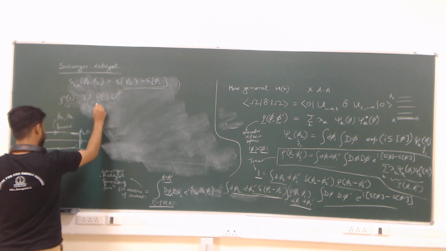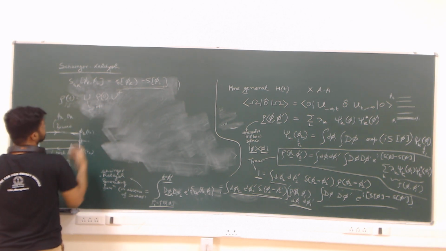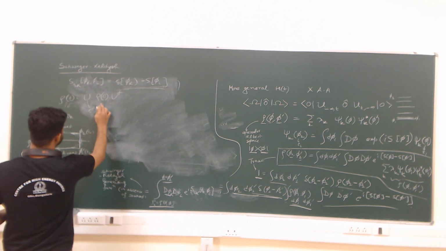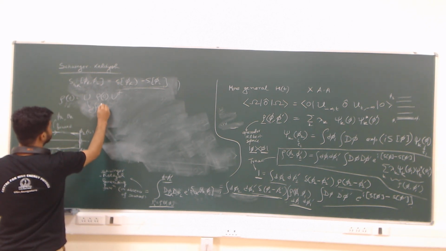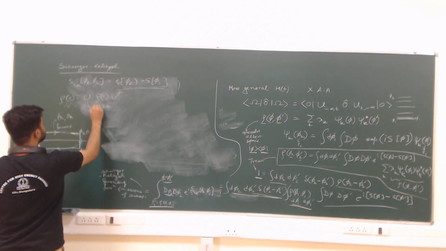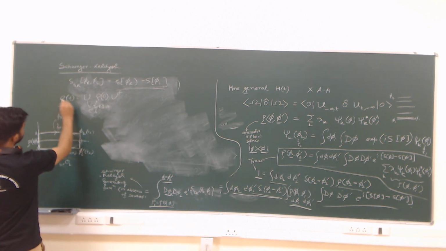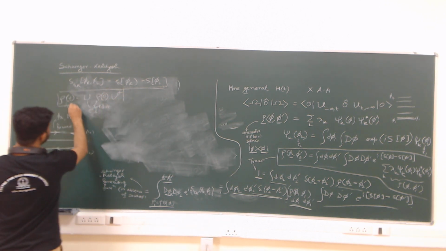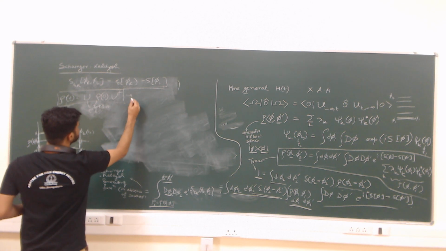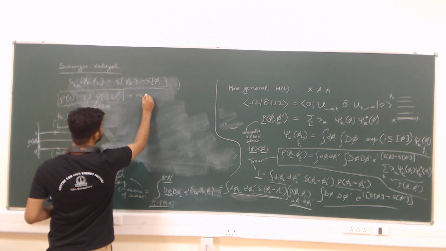Most generically, this will be the rho. So this U is still evolving unitarily. So say a mixed state evolution.